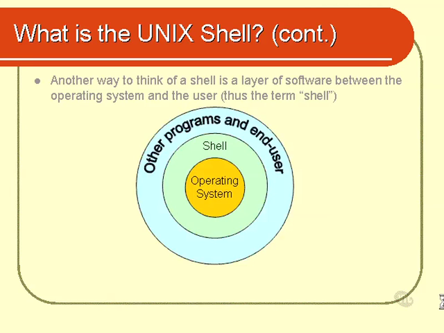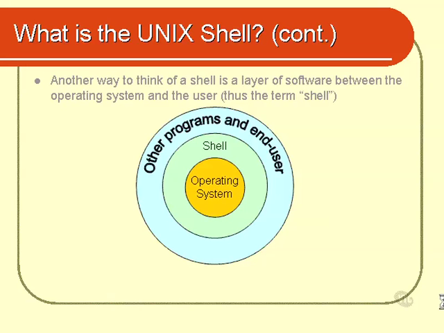So what this kind of implies is that the other programs and the end user interact with the shell, and the shell interacts with the operating system. Now this is a very popular way of talking about shells, but it's not entirely accurate.